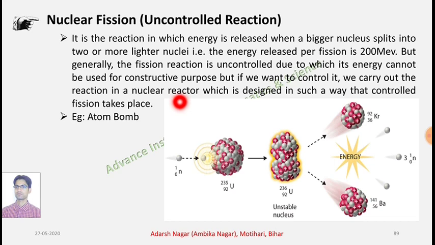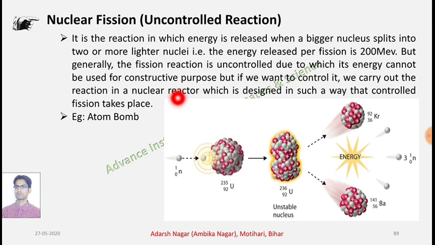A nuclear reactor is a plant which controls this nuclear fission, and when it is controlled, that energy can be utilized for different purposes. Especially, a nuclear plant is utilized to produce electricity.